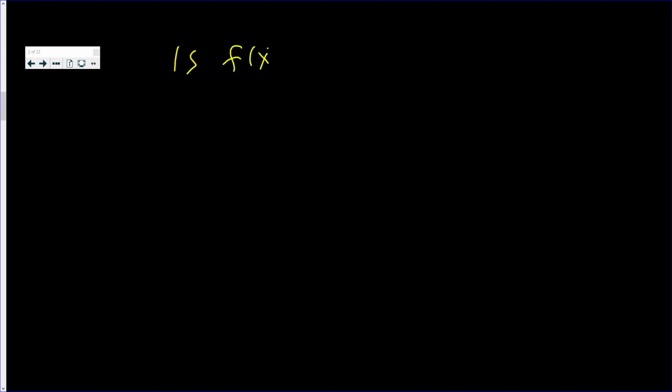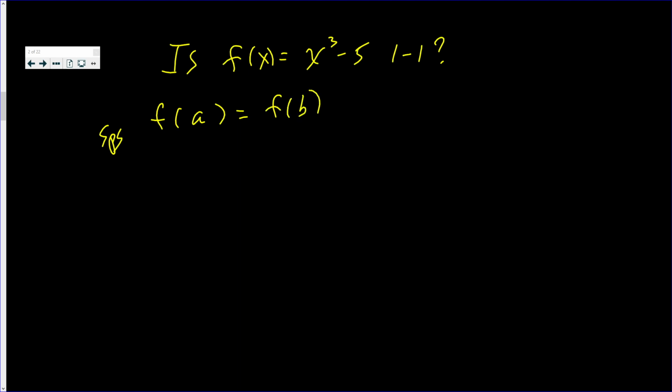Is f of x equals x cubed minus 5 1 to 1? Again, since they're not giving us a graph, we should use this other definition. We suppose f of a is equal to f of b. What does f do to what's in the brackets?